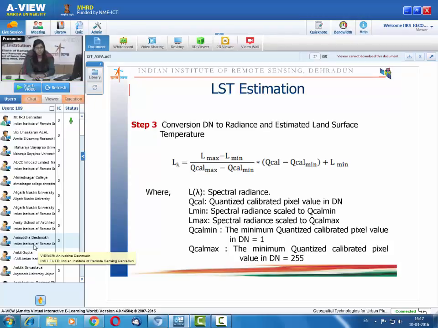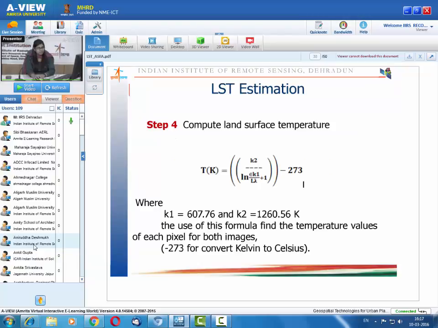I hope you are following. Then the last step will be the land surface temperature estimation. The surface temperature can be estimated depending upon two things. One is emissivity and the other is L lambda, the radiance value which we have calculated in the previous slide. K1 and K2 are calibration constants.